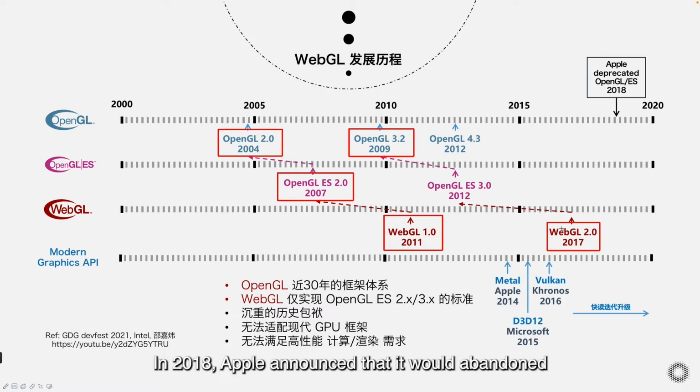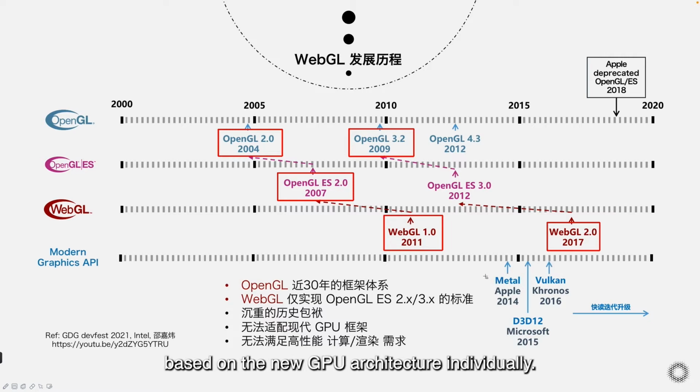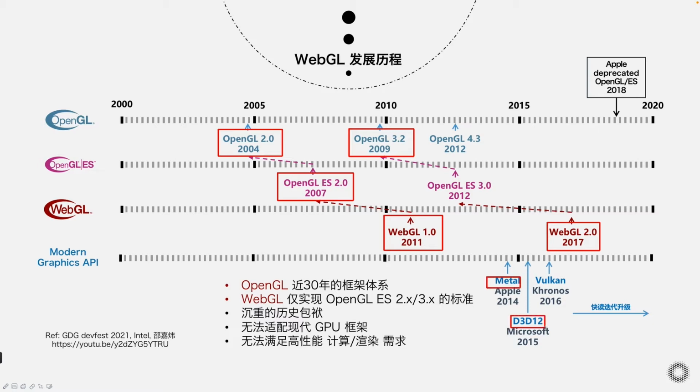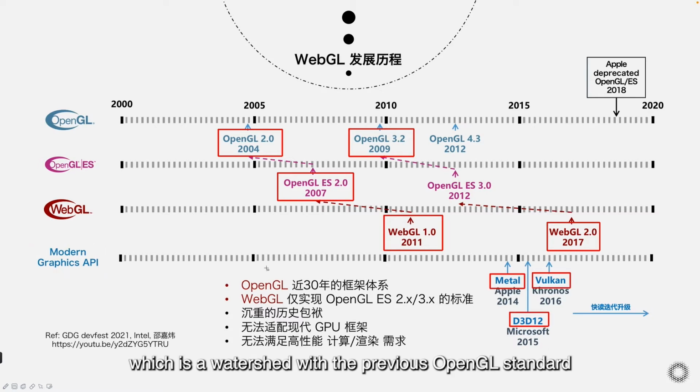In 2018, Apple announced that it would abandon the entire OpenGL framework, and around 2015, Apple, Microsoft, and Khronos launched Metal, D3D12, and Vulkan based on the new GPU architecture individually. These three are now referred to as the modern graphics APIs, which is a watershed from the previous OpenGL standard.